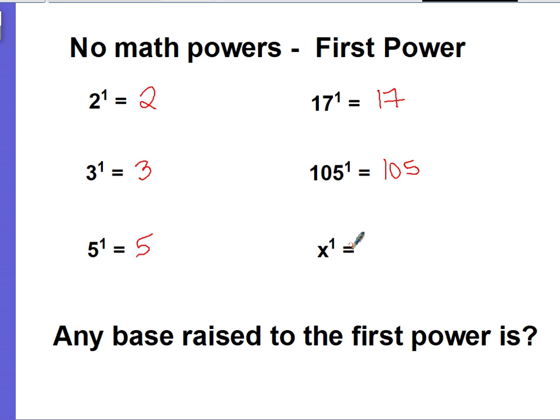X to the first power is just x. Whatever the base is, any base raised to the first power is simply that base. So no matter what the base is, if the exponent is 1, that means it's being raised to the first power. You simply just rewrite the base.